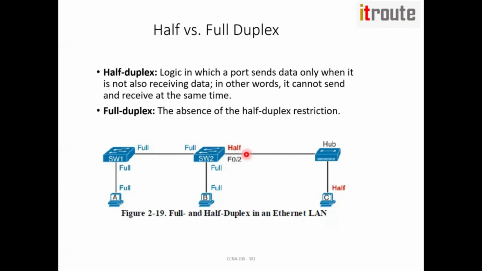These days, the majority of our devices support full duplex, but the hub is an old device, and a hub only supports half duplex and 10 Mbps speed. We are not using hubs much these days, but in some legacy networks you may find hubs. If a hub is there, it supports only half duplex communications and 10 Mbps speed.